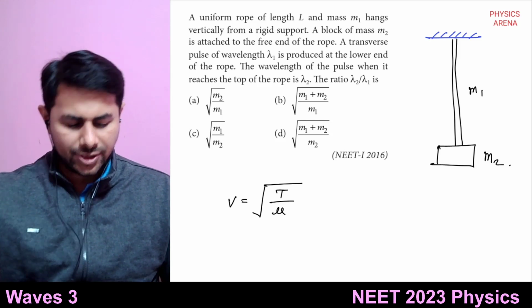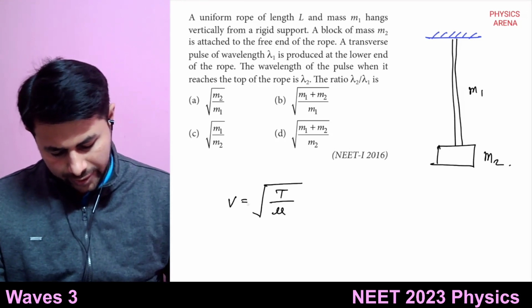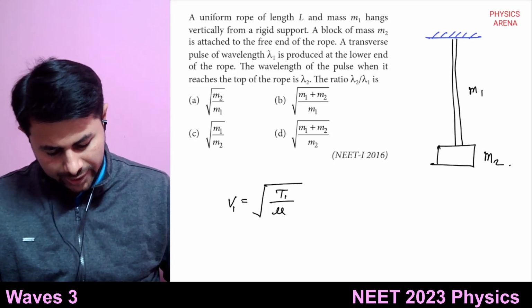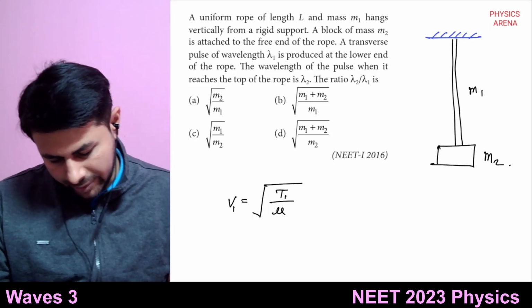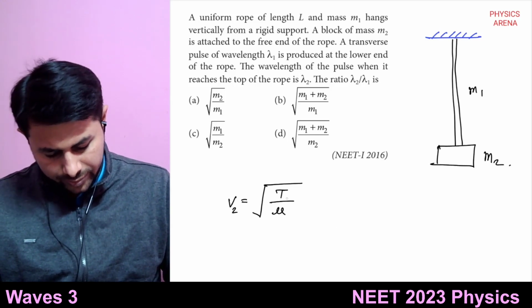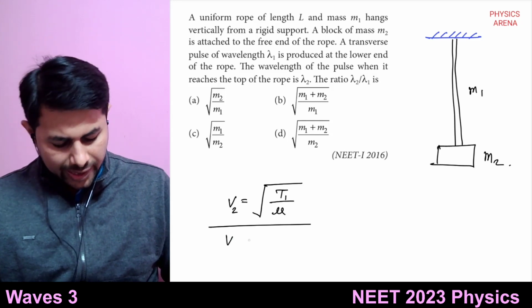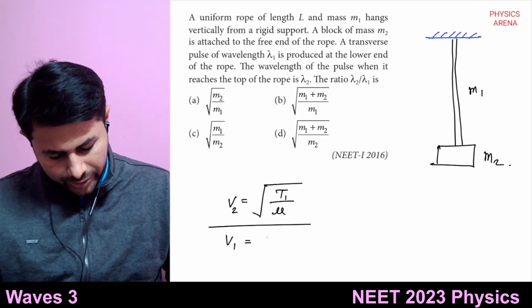So because of the difference in tension at the two points, the velocity will change. You want lambda2 by lambda1. So V2 is square root of T2 by mu. V1 will be equal to square root of T1 upon mu.